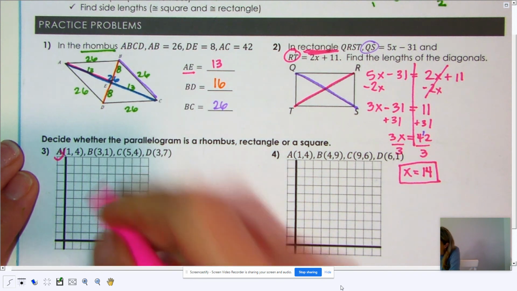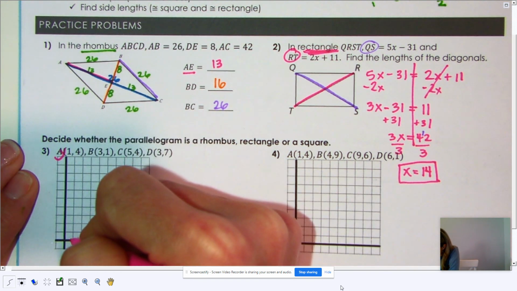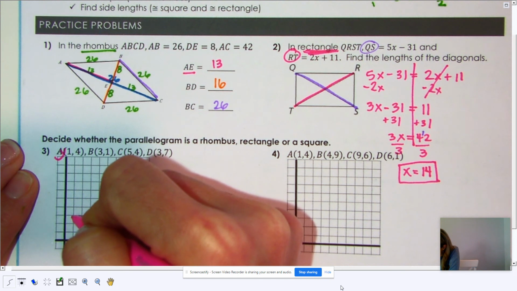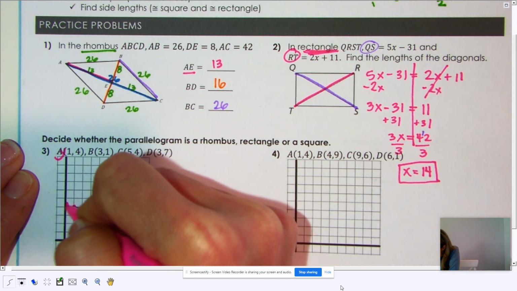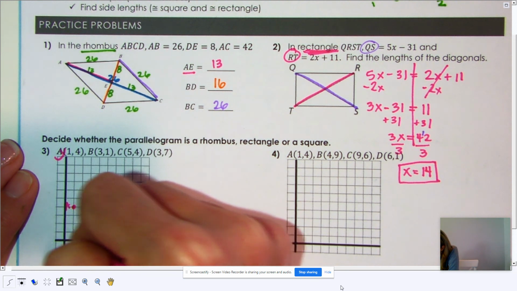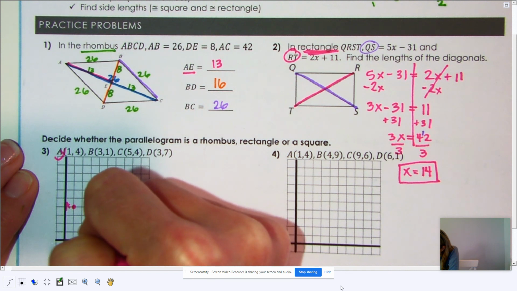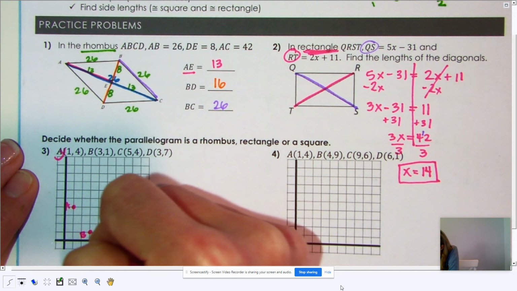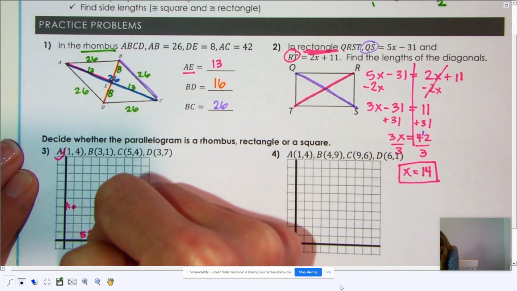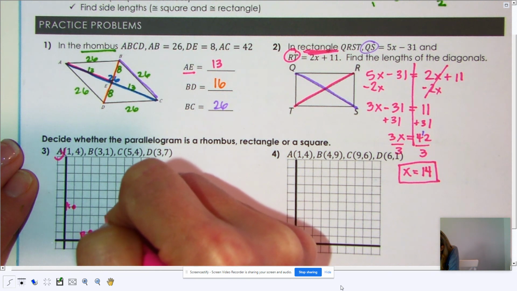For point A, we're going to go over to the right, since it's positive, by 1 and up by 4. 1, 2, 3, 4. I'm going to put an A right there. B is over by 3, 1, 2, 3 to the right, and up by 1. So this is B. C is over by 5, 1, 2, 3, 4, 5, and up by 4, 1, 2, 3, 4.